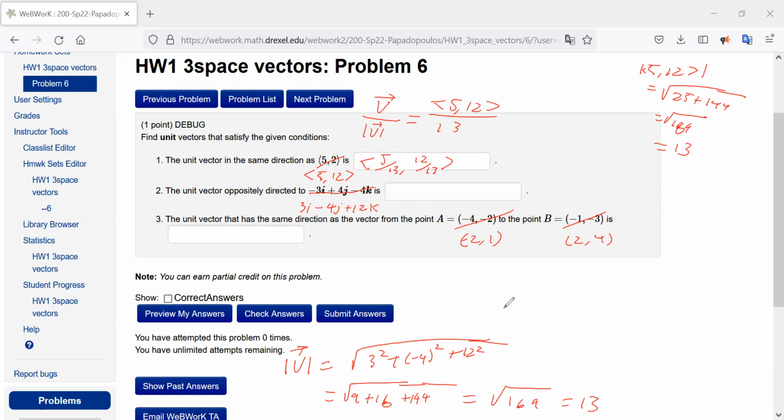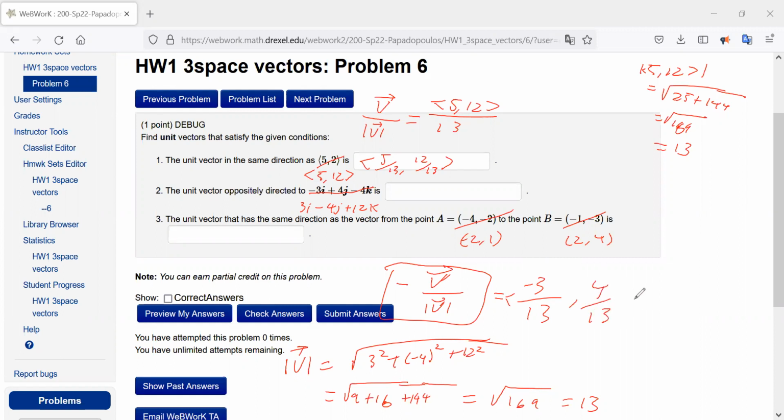So now v divided by the norm of v, but again, we have to multiply by -1. What will that be? Negative times 3 is -3 divided by 13. -4 becomes +4, again divided by 13.